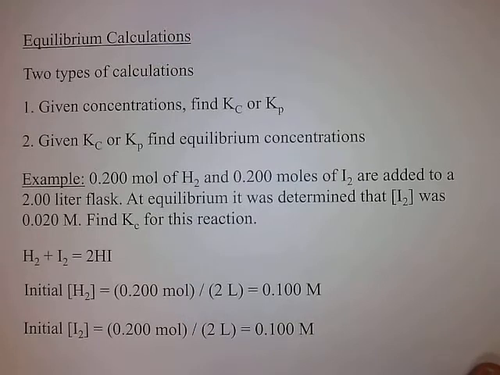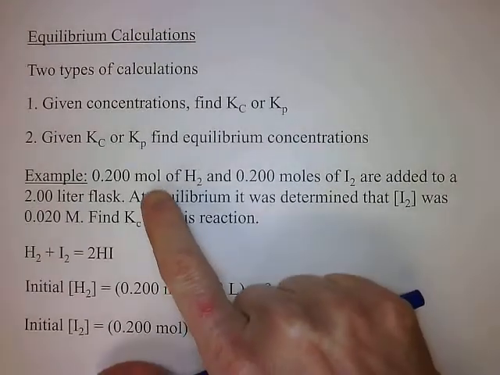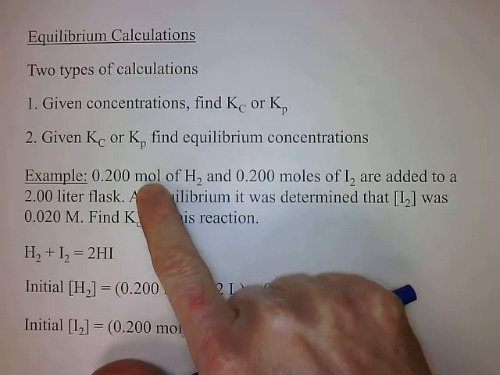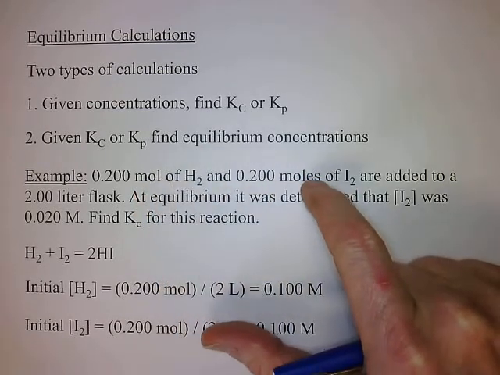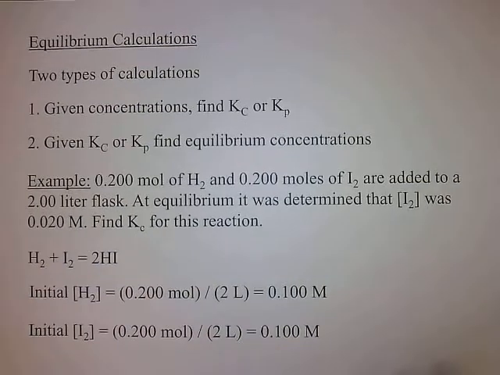So why am I doing this? Because these are moles. Look carefully at the problem. These are moles, and this is molarity, which is concentration. We can't mix and match. We can do the problem off the number of moles, or we could do it off the concentration, but we can't mix and match.